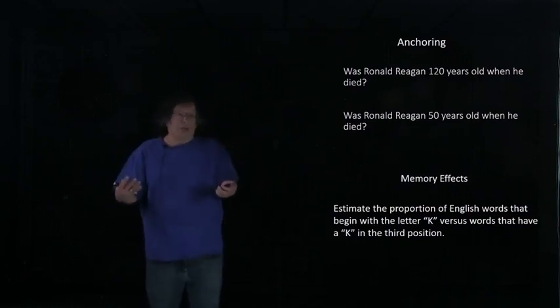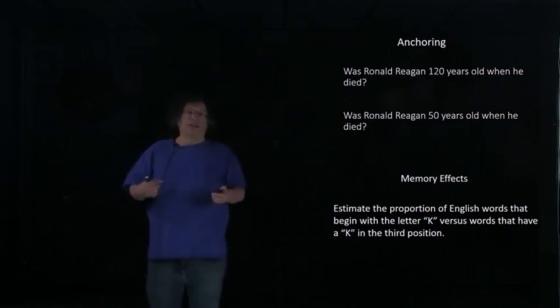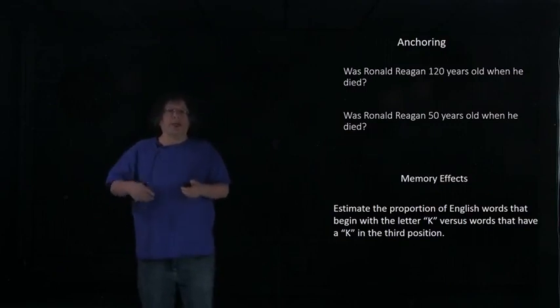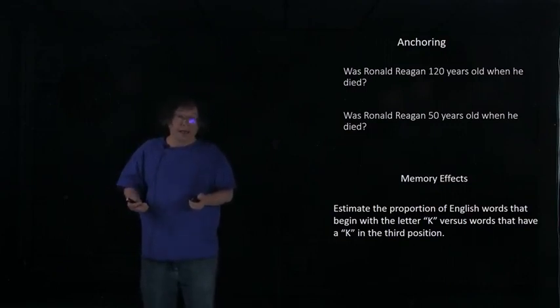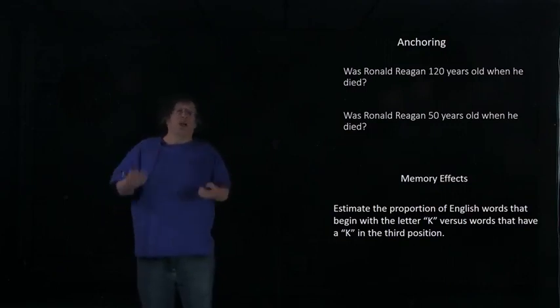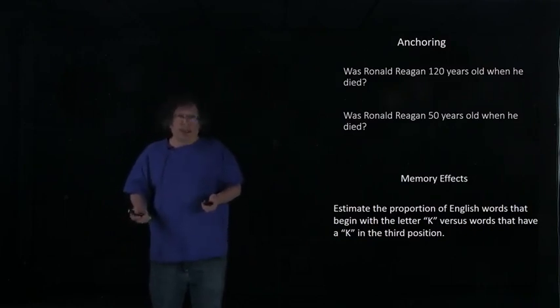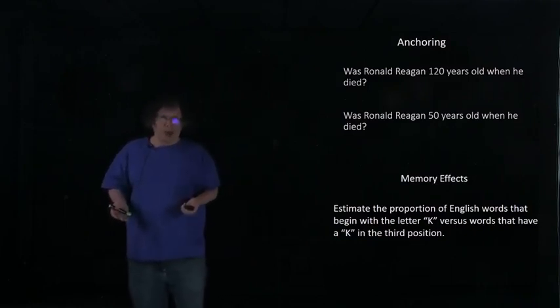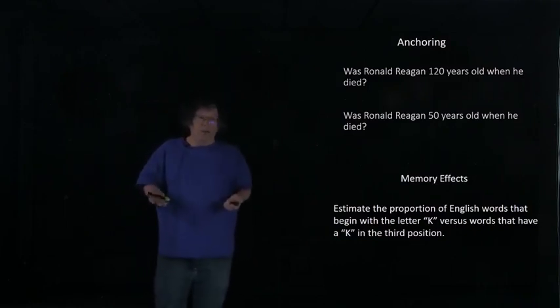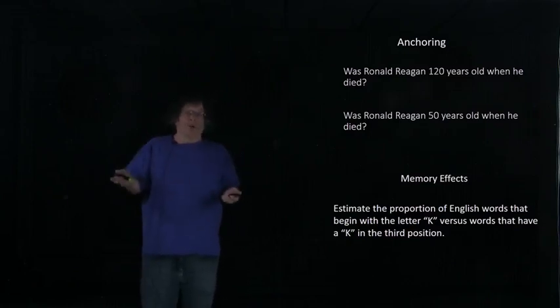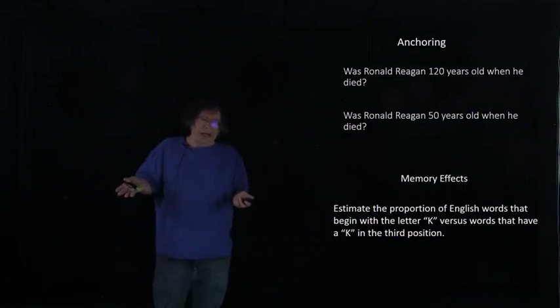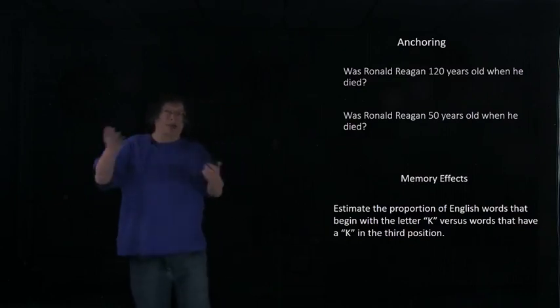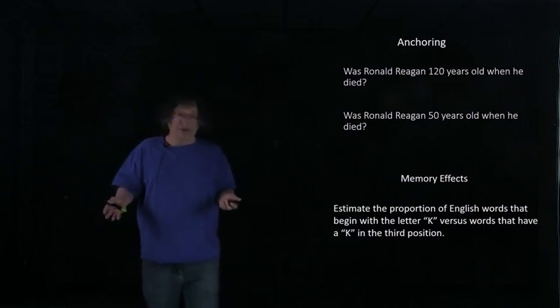You take a population of subjects and you ask them a question like, was Ronald Reagan 120 years old when he died? Or was Ronald Reagan 50 years old when he died? Now, both those answers are wrong, and the answer is no in both cases. When people see these questions, they know Reagan lived to well past 50 years old, and just about nobody lives to 120 years old.